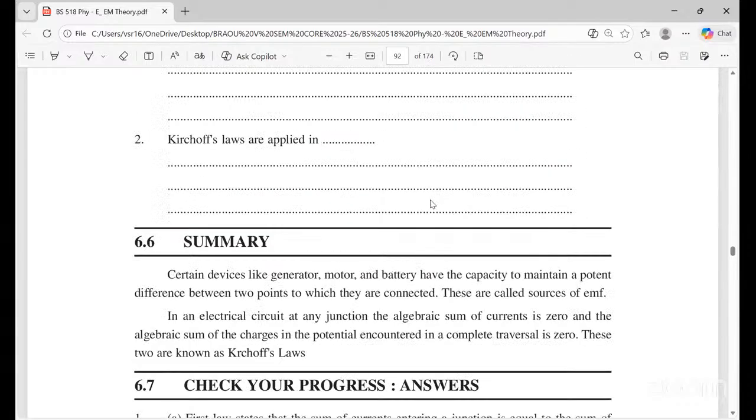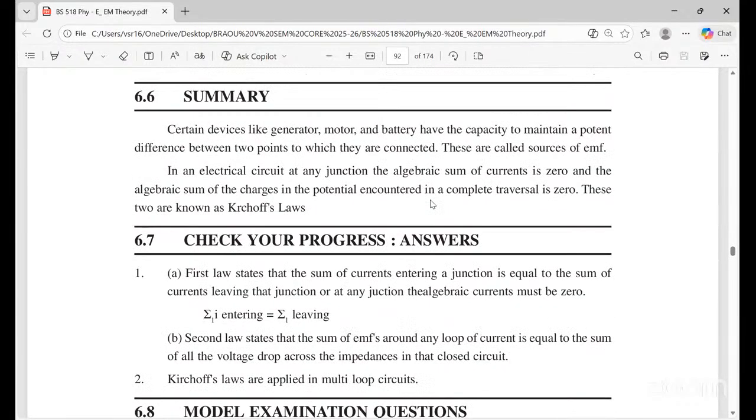But the only thing is that you need to do practice. So like that, all the devices like generators, motors, batteries, which have the capacity to maintain a potential difference between two points, so that when they are connected, you can call them sources of electromotive force.